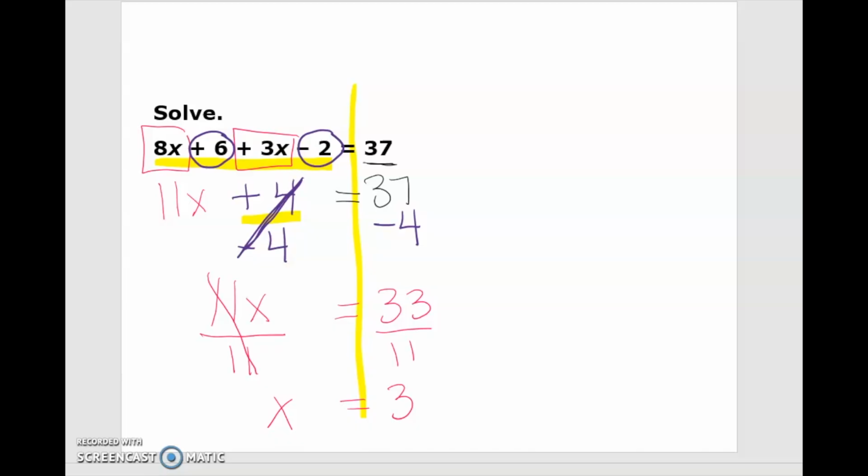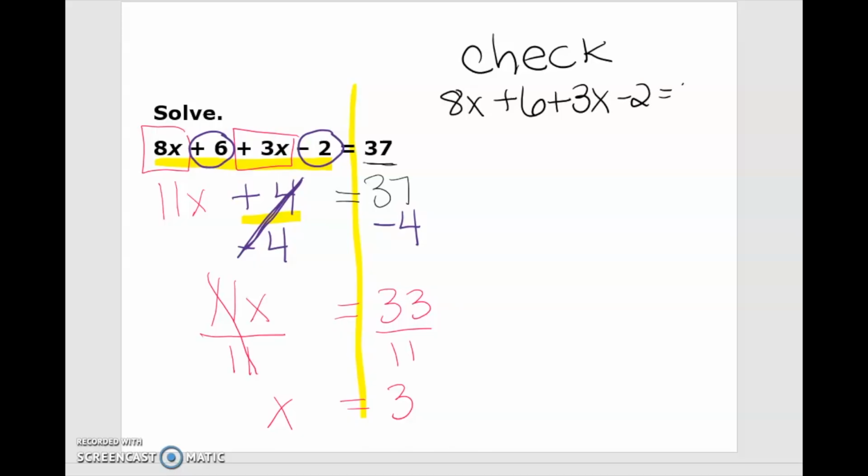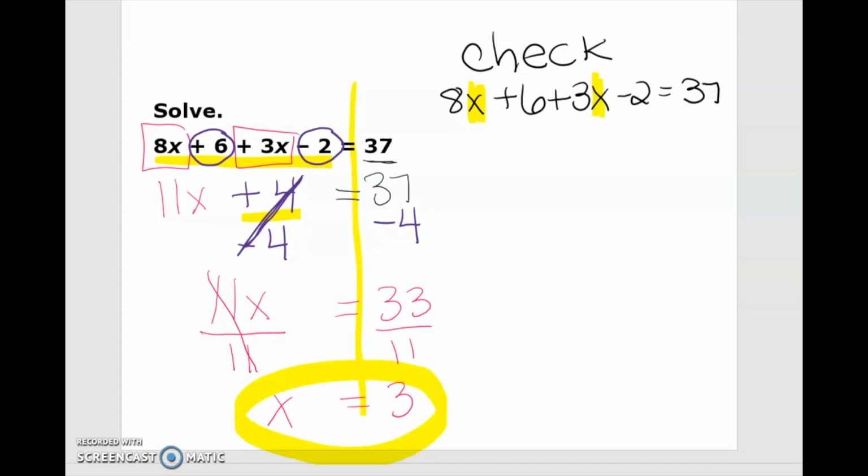We know that the most important thing is that we have to go back and check our work. When we check our work, we always go back to the original equation and rewrite the entire original equation. Then everywhere we see our variable, we plug in what we believe to be the answer.